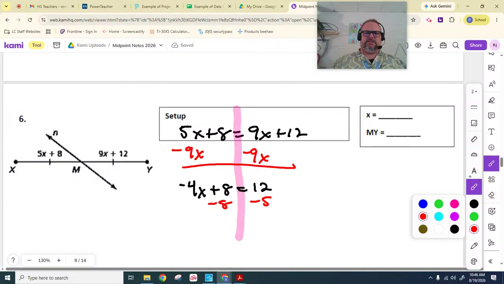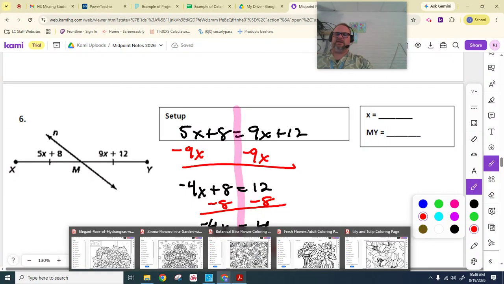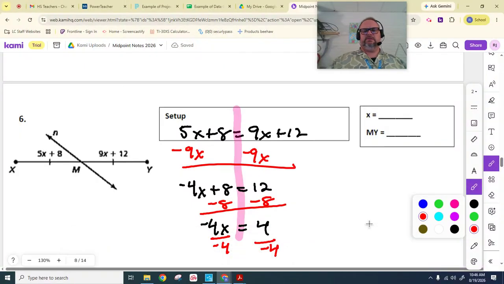Minus 8, minus 8. Negative 4x equals 4. Uh-oh, our x is going to be negative. We can't have a negative x, can we? Okay, good. Somebody was paying attention. All right, so x is negative 1.